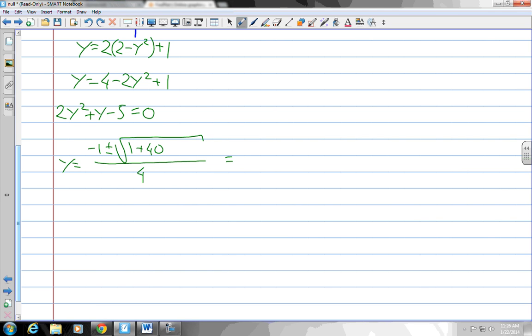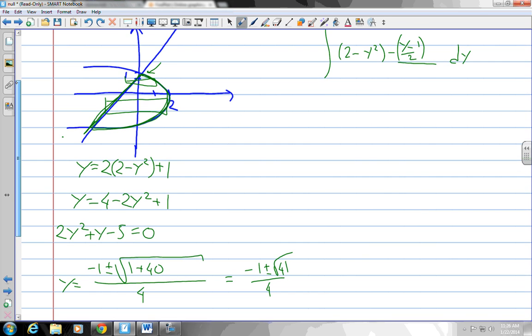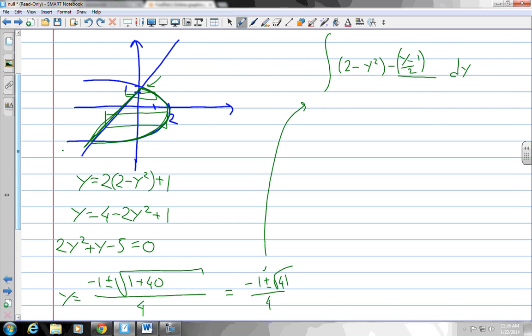So it is negative 1 plus or minus root of 41 over 4. So these are your two limits, a minus and a plus. So really you're integrating from negative 1 minus square root of 41 over 4, to negative 1 plus the square root of 41 over 4.